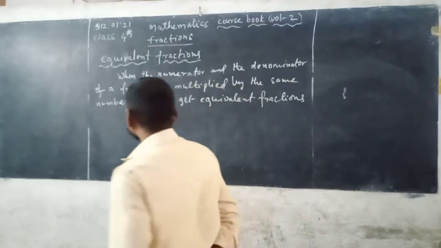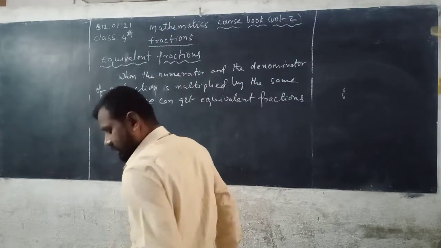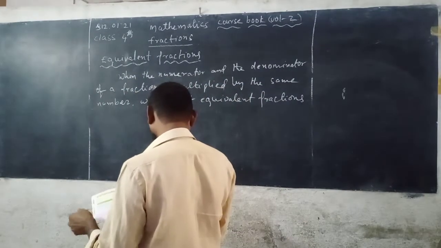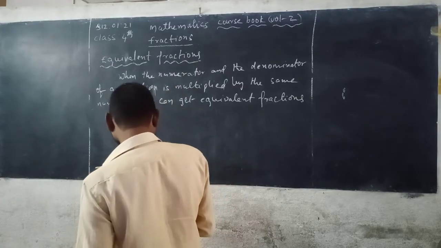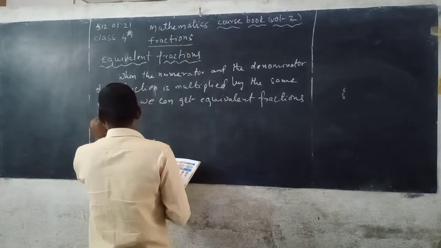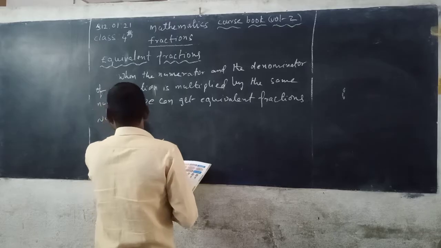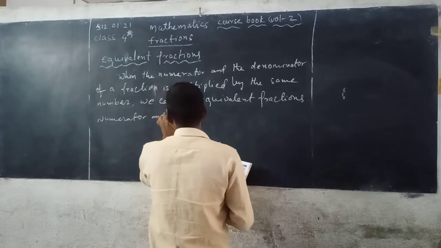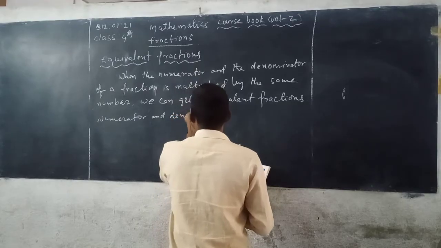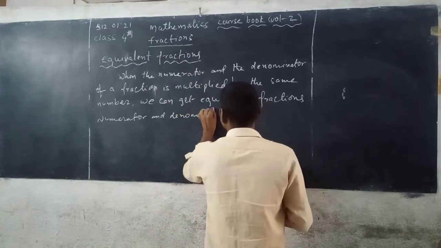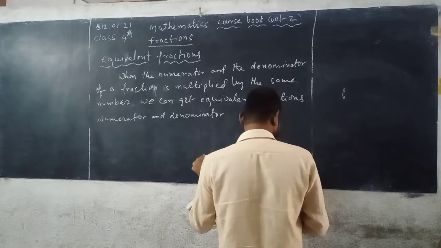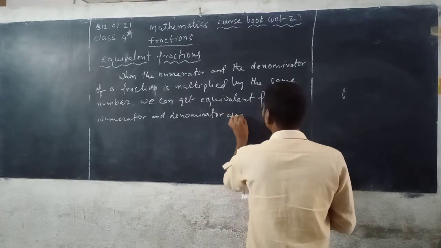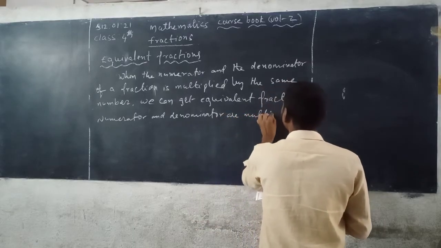See here, numerator and denominator are multiplied by 2.